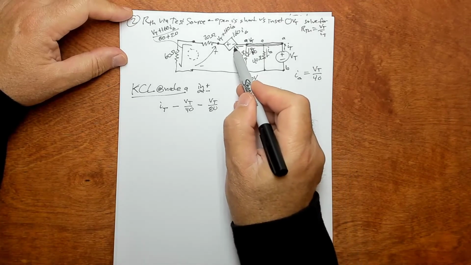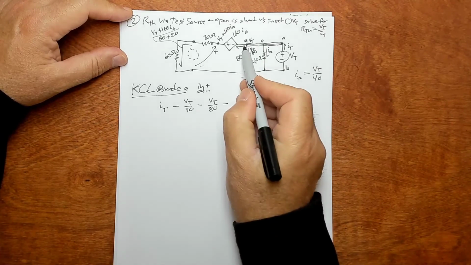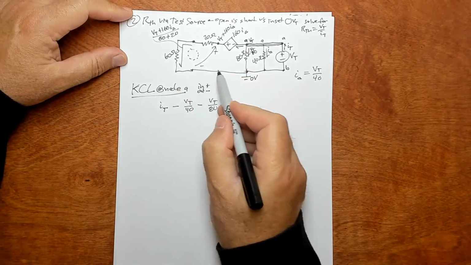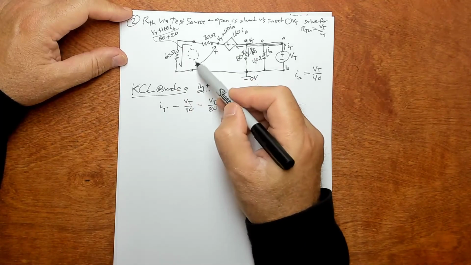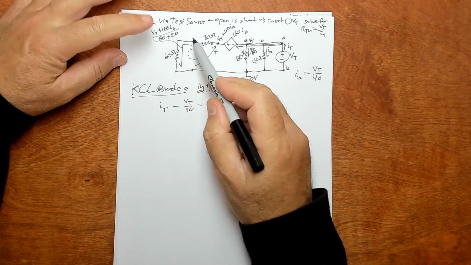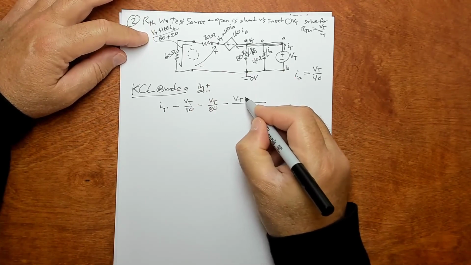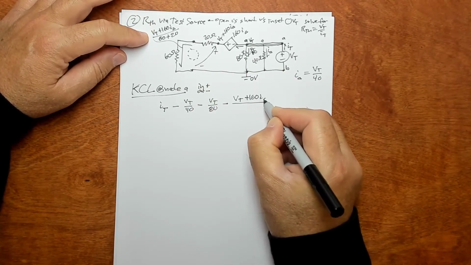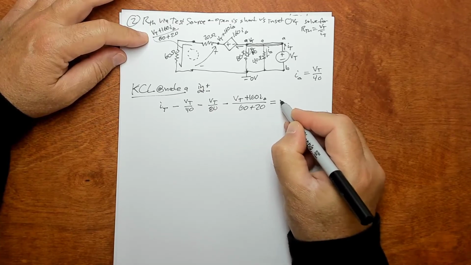And then this current coming out of node A, so it's negative, is the same current coming all the way around this branch, which is given by Ohm's law, by this potential difference over this resistance, this expression right here: VT plus 160 I delta over 60 plus 20. It's ugly, but there it is. And these guys sum to 0. Right?